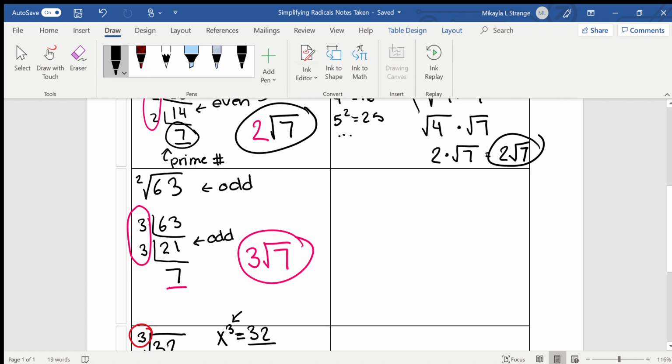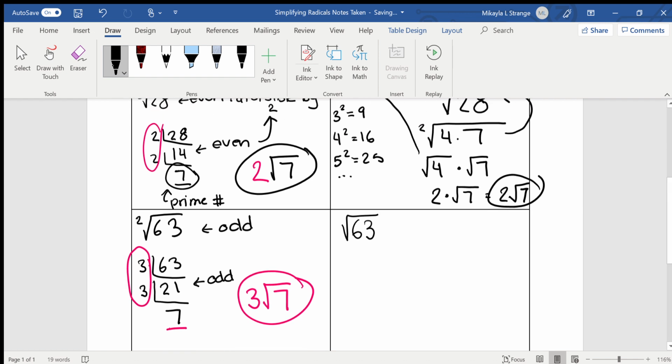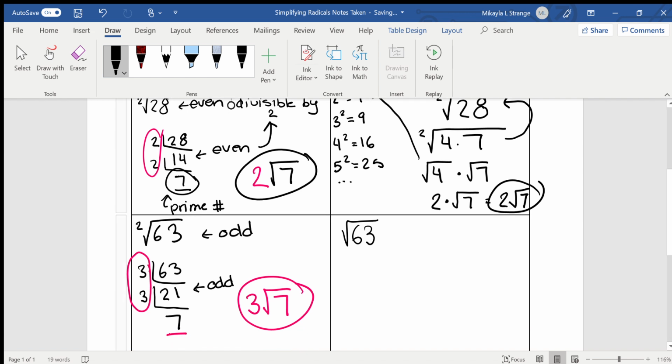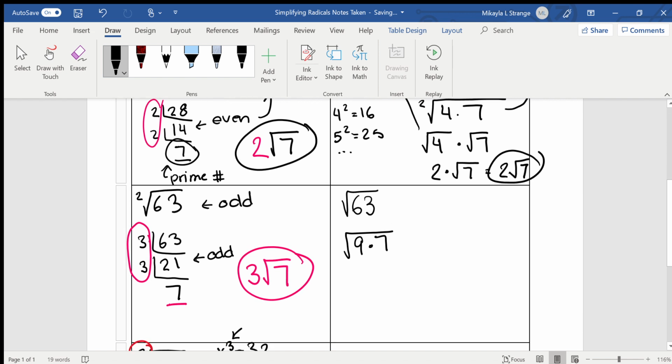Let's double check this method now with trying to find the square root of 63. So, looking back up here, I'm trying to see, does 4, 9, 16, or 25 go into 63? And I know that 9 times 7 is 63, so I'm going to take the square root of that. I can break these apart, and that's just going to become square root 9 times square root 7.